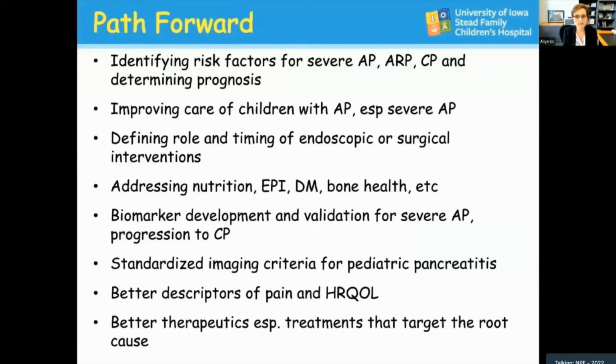And developing standardized imaging criteria for pediatric pancreatitis, and pain, better descriptors of pain, and quality of life, and especially better therapeutics and treatments that target the root cause, especially important for pediatric pancreatitis that doesn't have environmental factors.